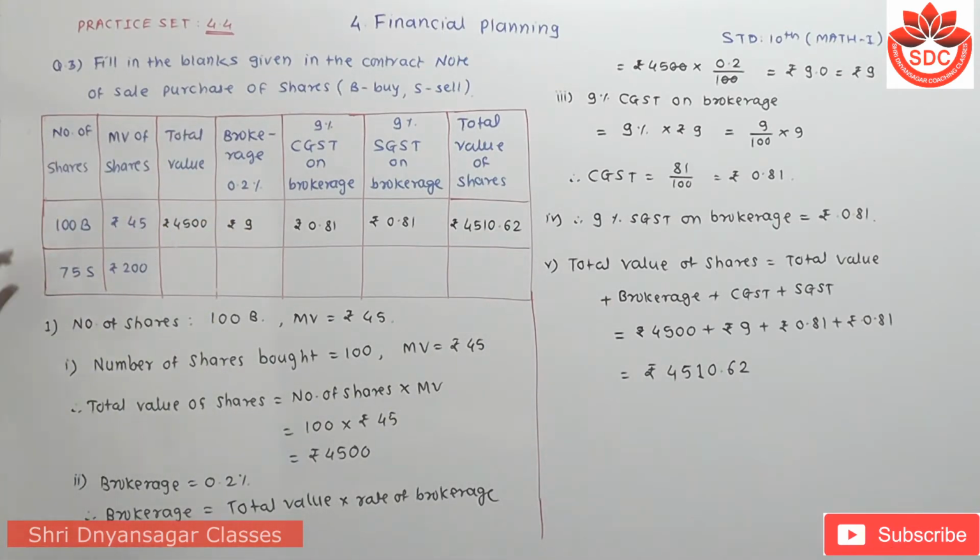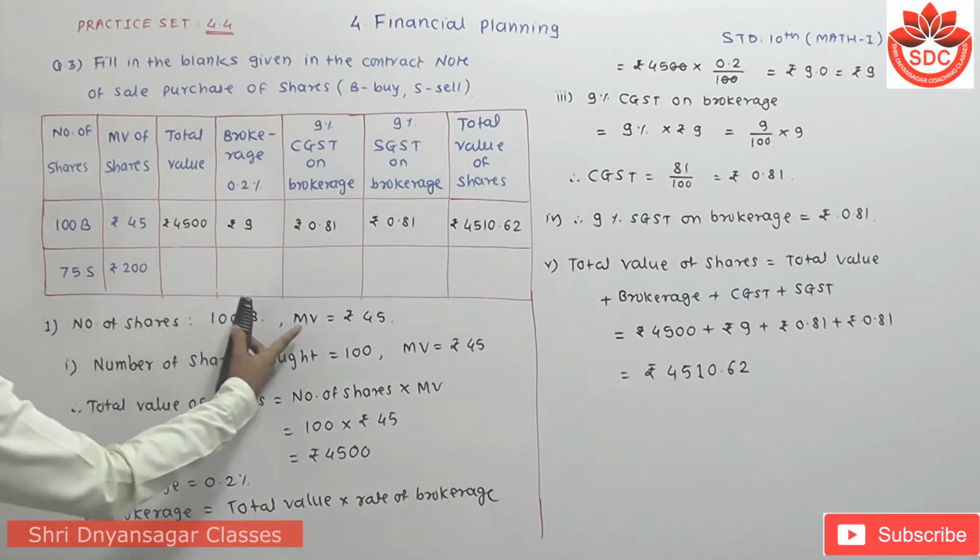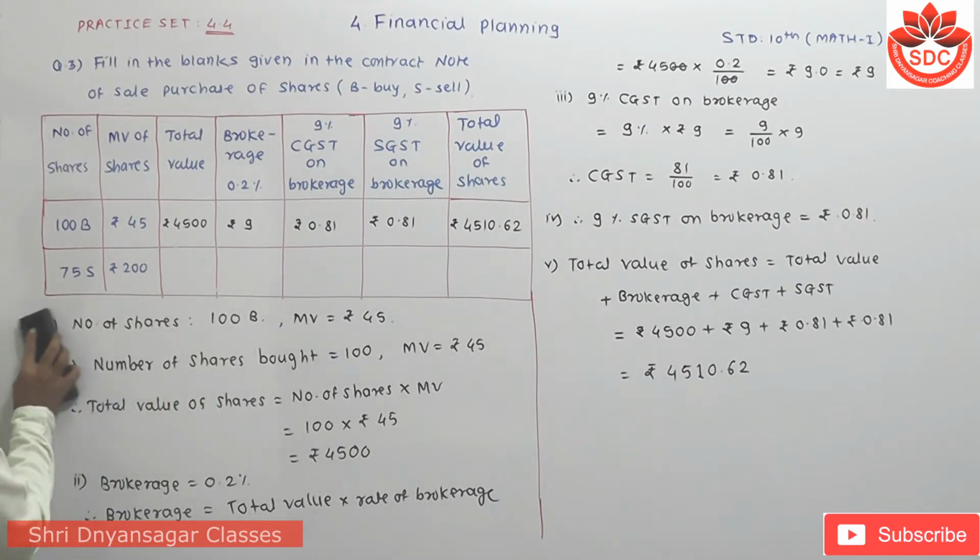Now this is our first case, where the shares are bought, meaning 100 shares are bought here. Then 75 shares are sold. For this I have to rub out this portion here. Now again we have to solve all such things for the number of shares sold, 75 here, and at that time the market value is 200.